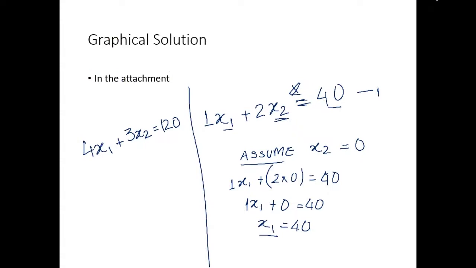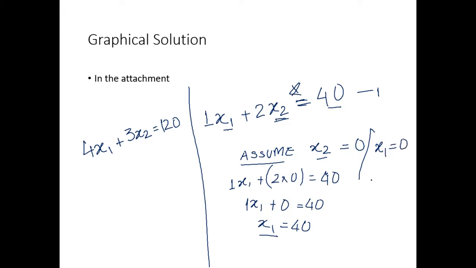Now we have to find the value of x2. Now tell me, any guess? What should we do? In the first step, we assumed x2 as 0. In the second step, in order to find x2, we will assume x1 as 0.